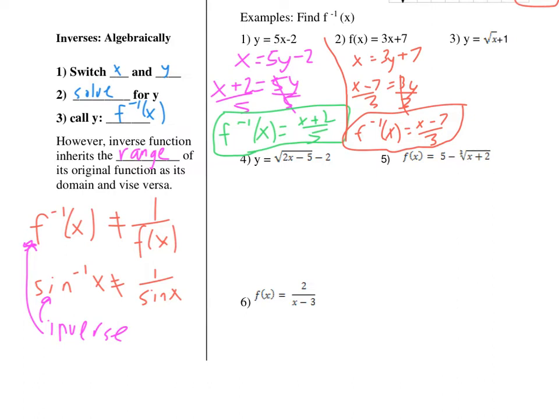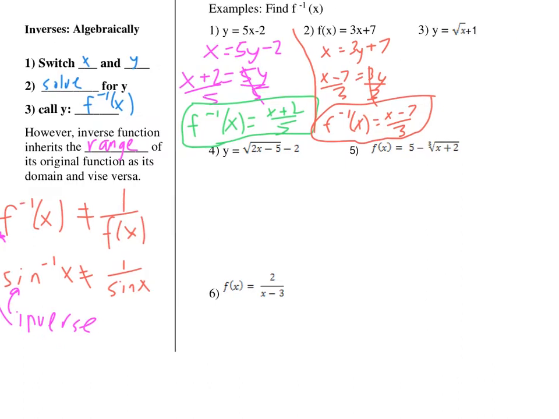Okay, so now we'll go ahead and do number 3. So for this one, we'll go ahead and switch x and y. So x equals the square root of y plus 1. And then we will subtract 1 to the other side, so x minus 1 equals rad y. And then we'll square both sides.